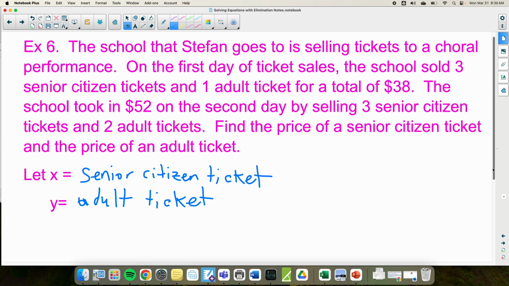And so our 2 equations would be, so they sold 3 senior citizen tickets, so that's 3x, plus 1 adult ticket, so that's plus y, and that got you $38. Then on the second day, they sold 3 senior citizen tickets, so that's 3x, plus 2 adult tickets, so that's 2y, and that was $52.